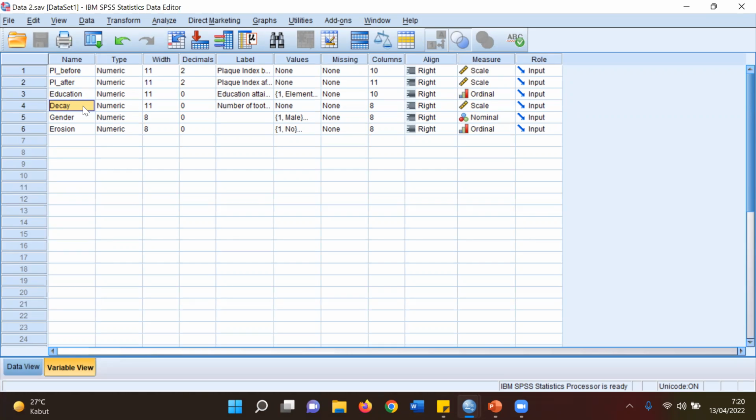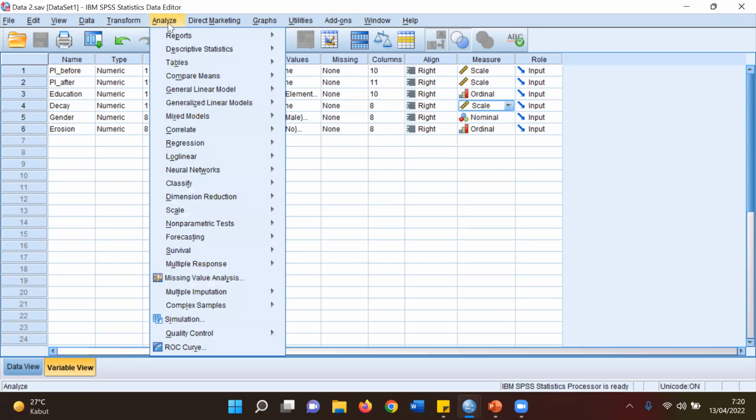For that hypothesis, we need to see that the plaque index before is a scale measure and the decay is also a scale measure. So numeric meeting numerical values. Therefore, if we have both numerical variables, we need to do the normality test first.